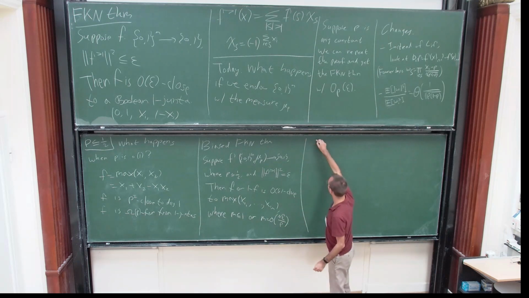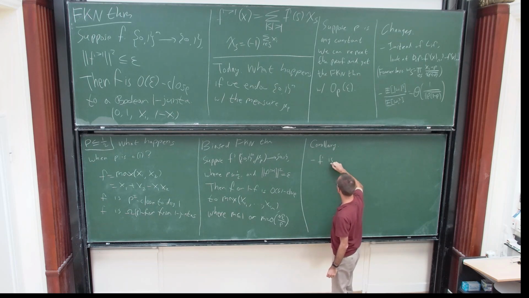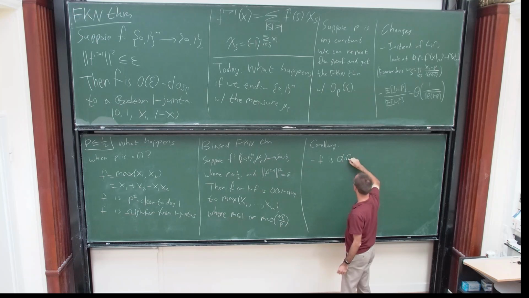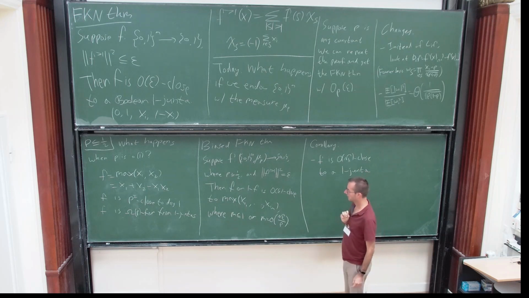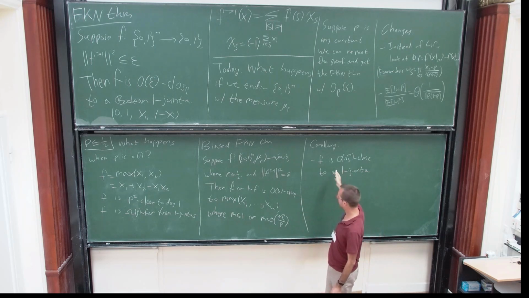Just an easy corollary: f is order square root epsilon close to a 1-junta. Okay, let's start with the corollary.